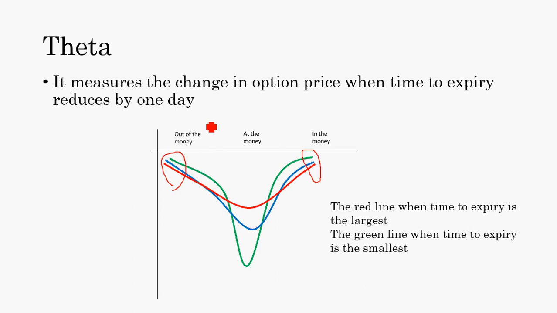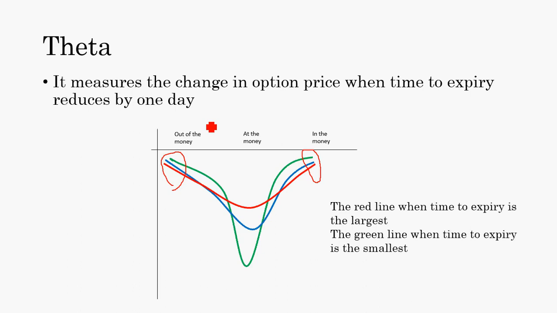Okay, for an out of the money and in the money option, as you approach expiry, the time value in their options will come down or will be very low. So the change in premium because of the change in time to expiry will be very low when compared to at the money options.